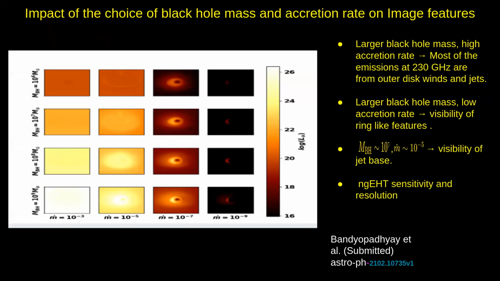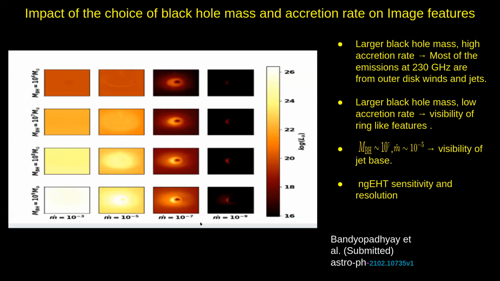So given a GRMHD simulation, there is a lot that goes into post-processing, and the two most important factors are: if you have a GRMHD simulation with strong winds and jets, under what conditions are you going to see the ring-like feature or the external winds and jets? Here I show the conditions for different black hole masses and accretion rates, which are encoded in the Eddington ratios.